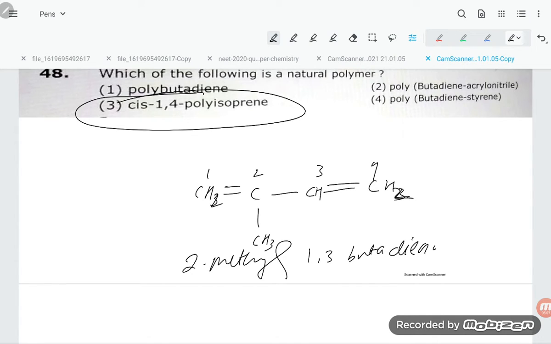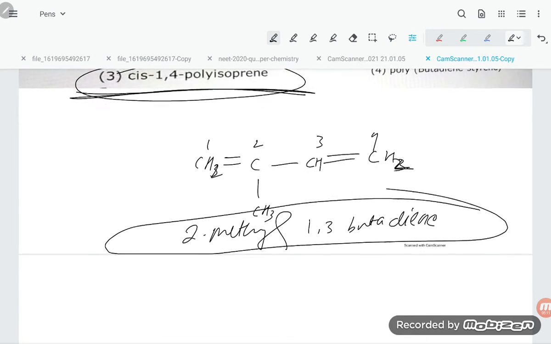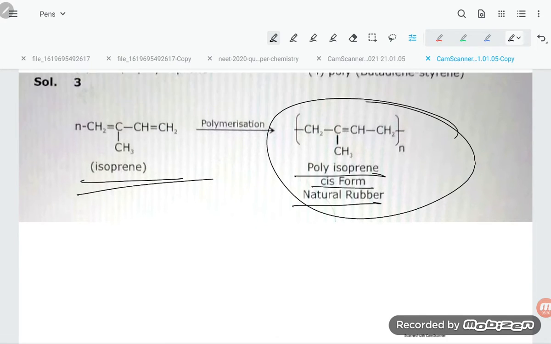This is also known as cis-1,4-polyisoprene. This is the natural rubber, polyisoprene. So you have to keep that in mind.